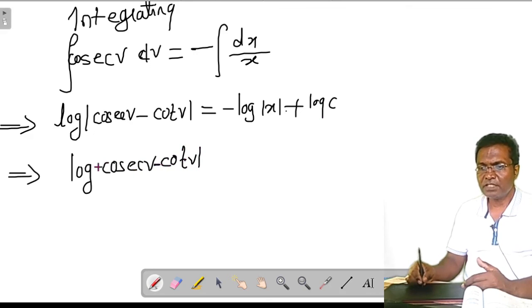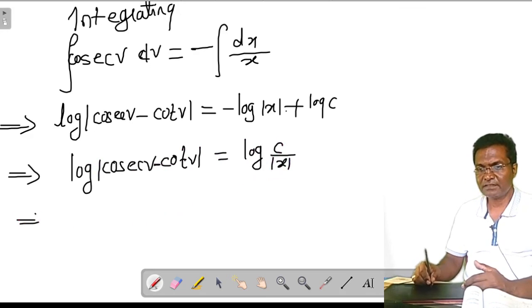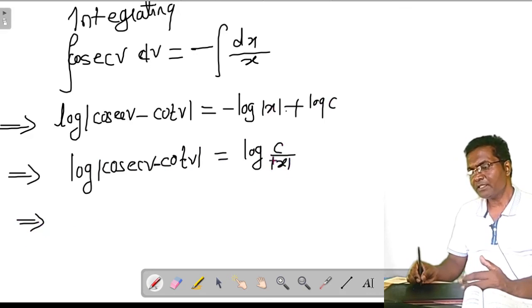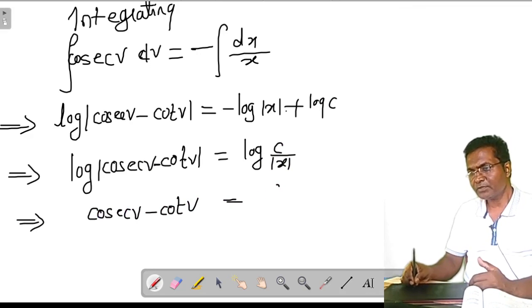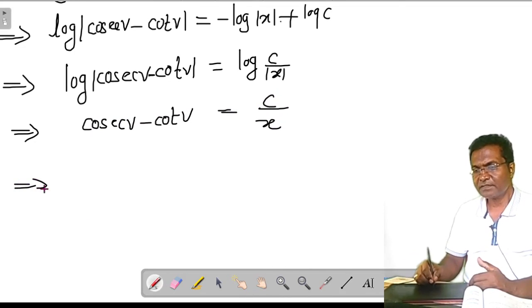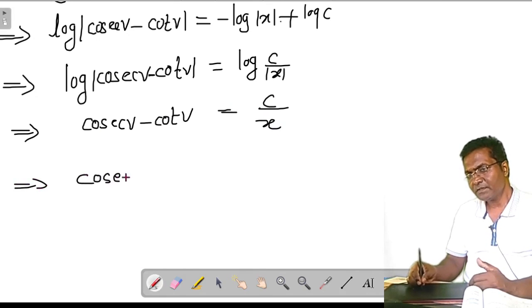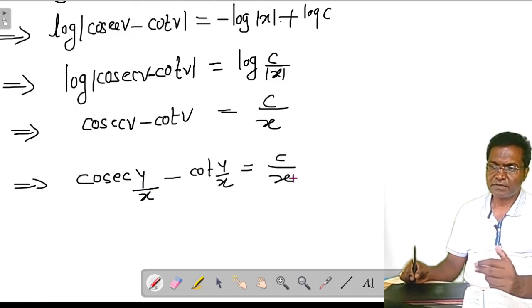Either you can keep it in the form of mod, otherwise no. Log of c by x. Both sides you have log, so you can write cosec v minus cot v equals c by x. Finally, you can replace v as y by x, equals c by x.